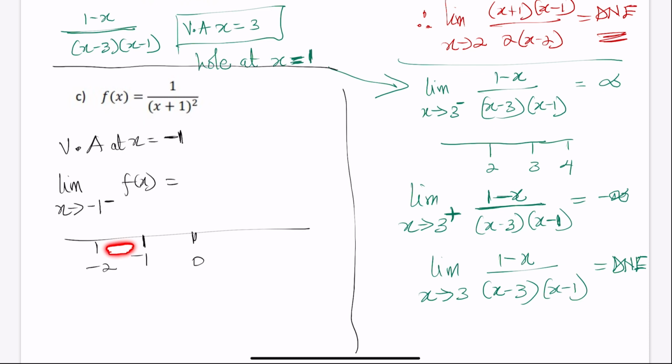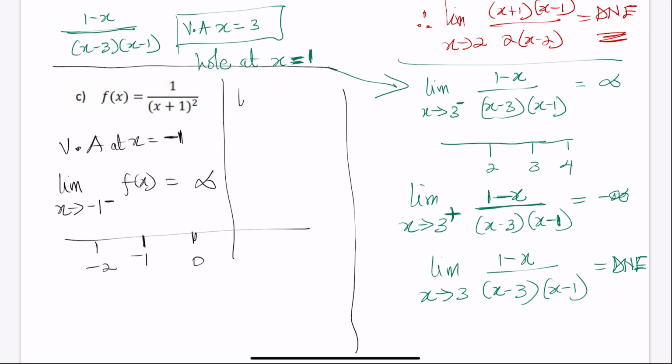So let's consider -1.1. If we substitute -1.1 here, we are going to get our numerator to be positive, and our denominator will be positive because we are going to square the negative. So here will be positive, so we are going to positive infinity.